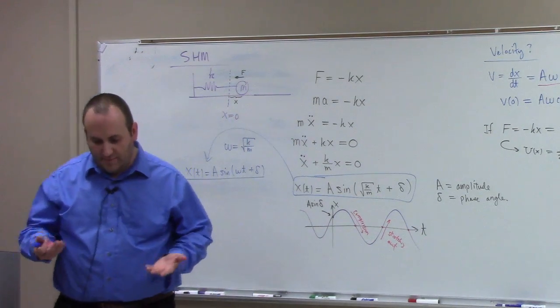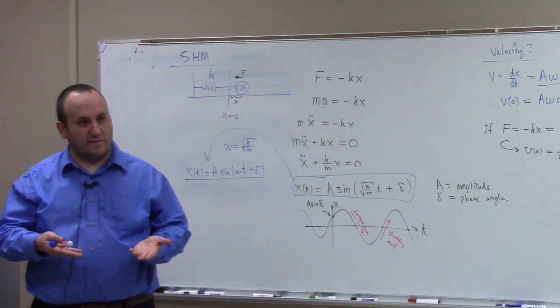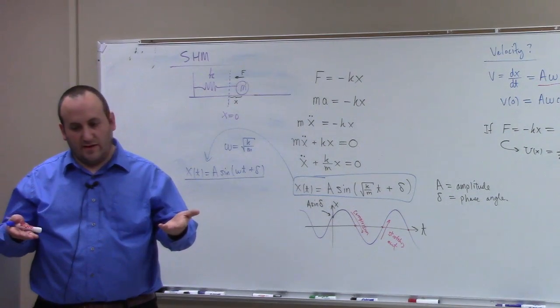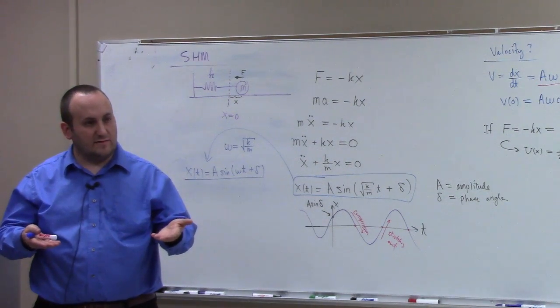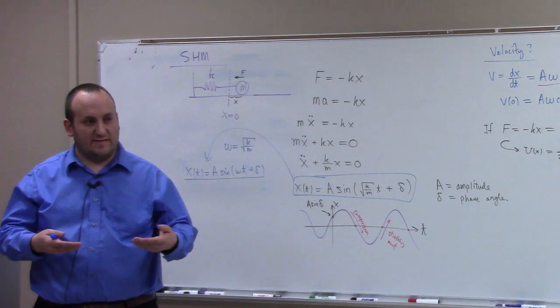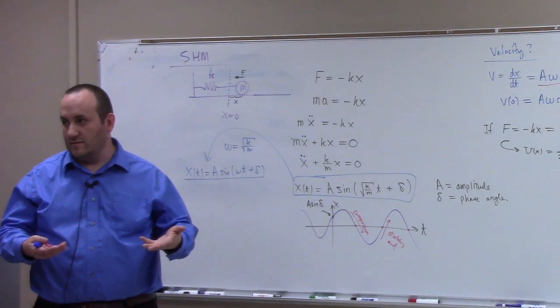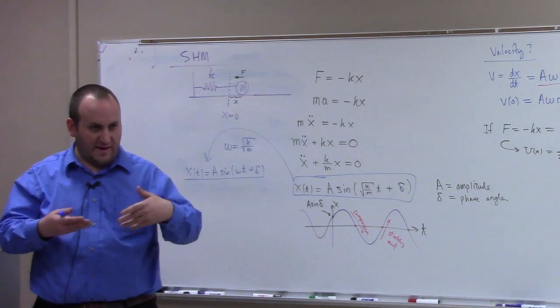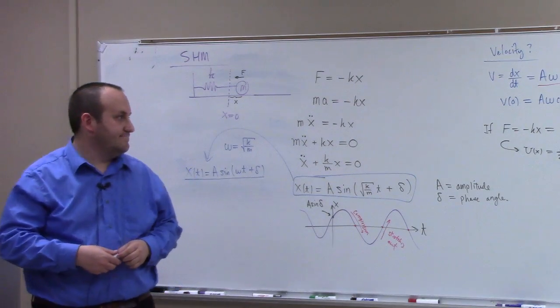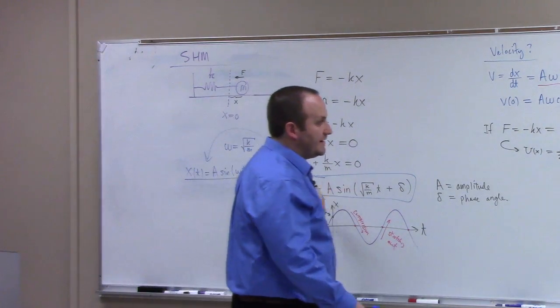And so you have this trading back and forth of kinetic and potential energy, right? In any given cycle of the spring, you've reached maximum kinetic twice, and you've reached maximum potential twice. So there are these 4 maximal points in any given cycle of the spring.